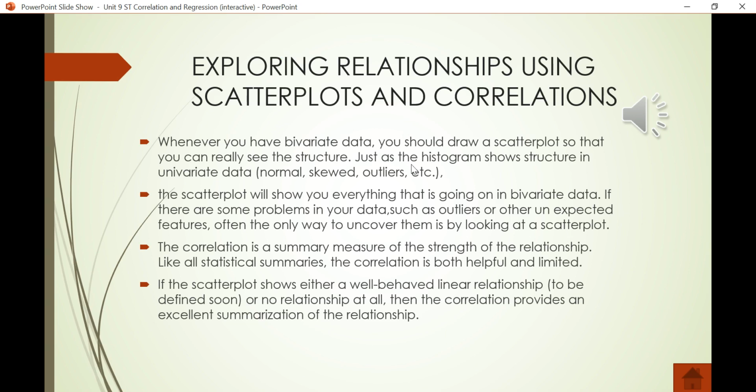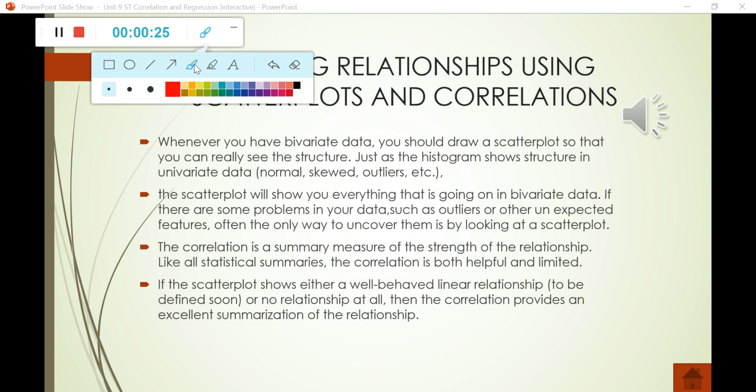What we are going to be looking at, and let me explain with this one, is analyzing bivariate data.